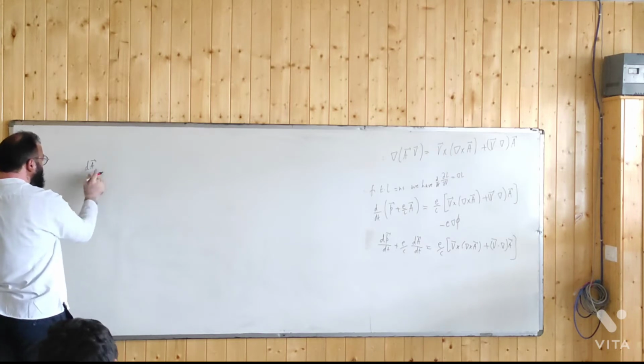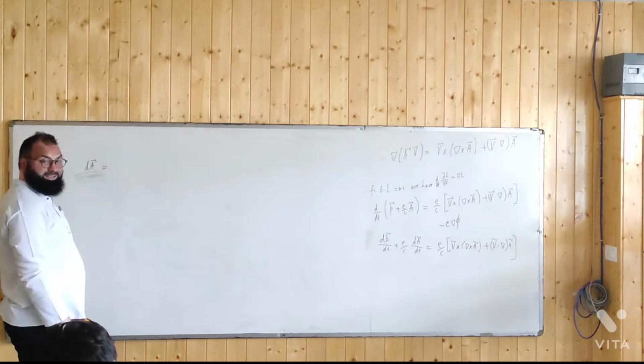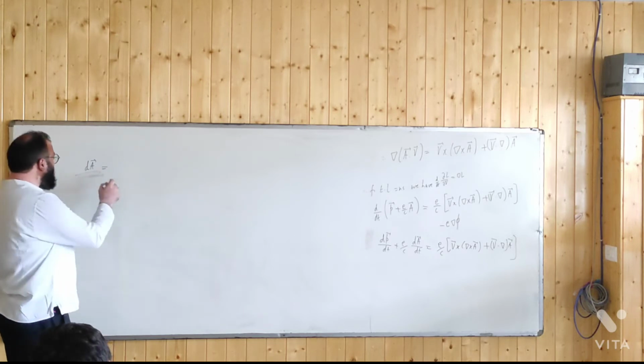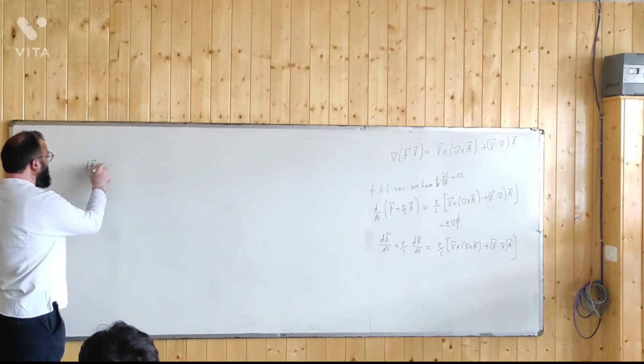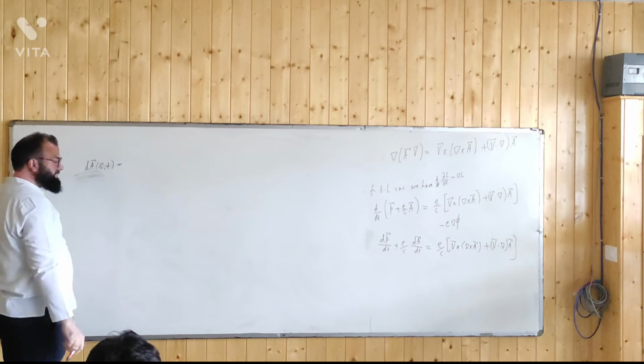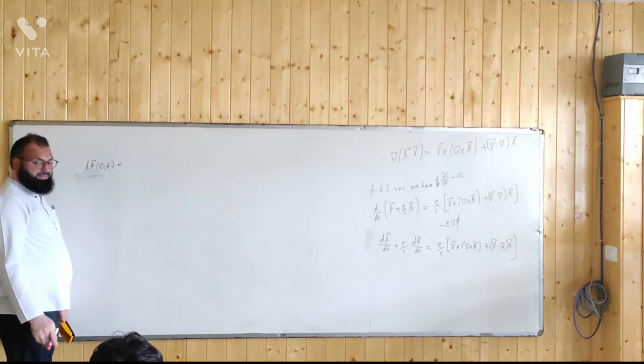What is the total derivative of A? A is a function of what? A function of R and t. What is that equal to?